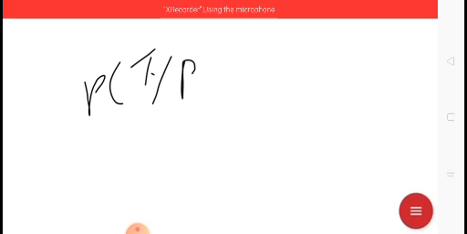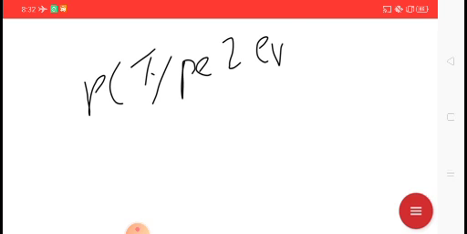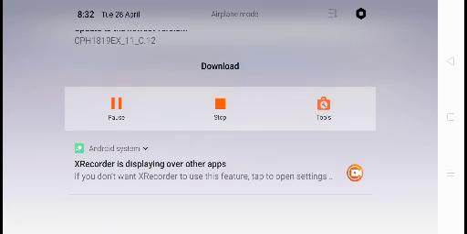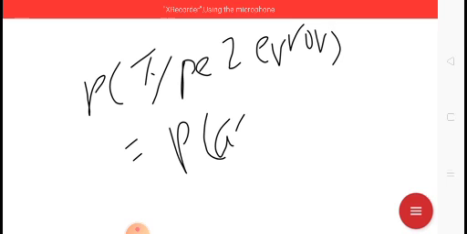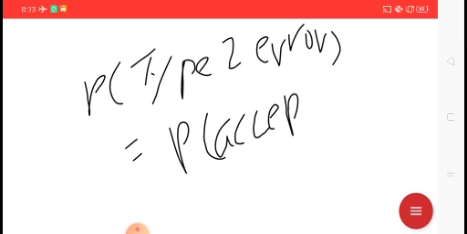Today we move to a few questions about type 2 error. Do you remember that the probability of type 2 error will be equal to the probability that you accept H naught?